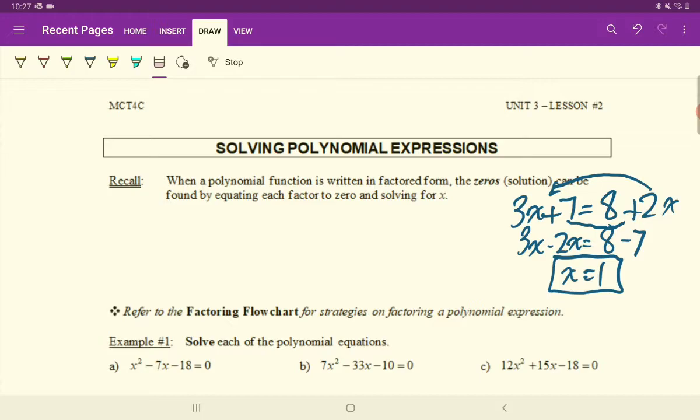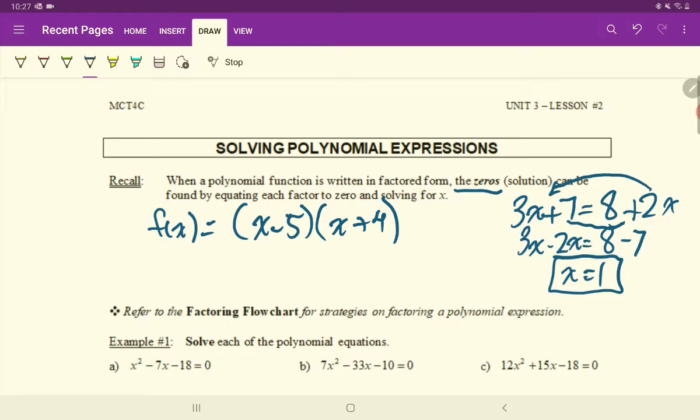So to recap, when a polynomial function is written in factored form, the zeros, or the solution, can be found by equating each factor to 0 and solving for x. So for example, if we had an expression that looked like this, what you can do is set this equation equal to 0 so that what you're doing is finding the x-intercepts.